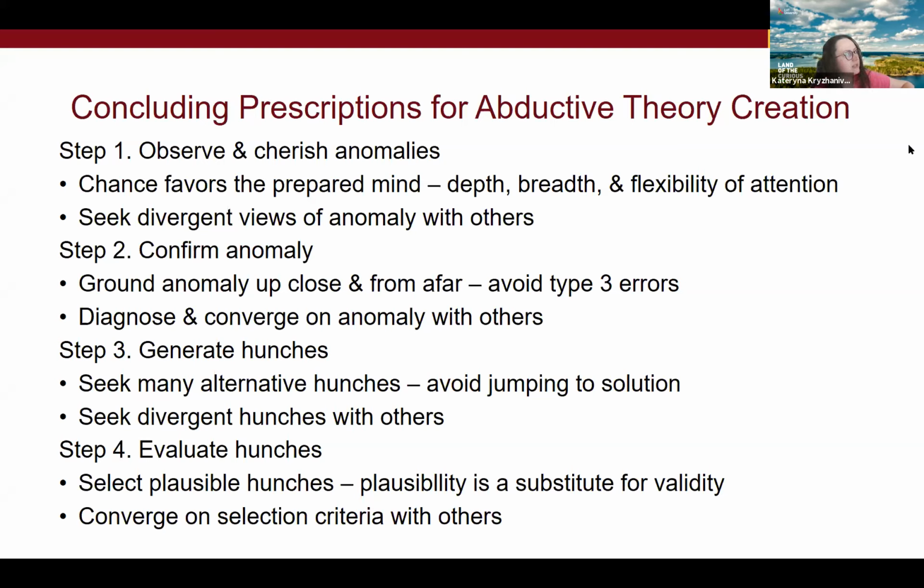And I think it's not only the first step, it's an evolving process, and you can observe and cherish these anomalies through the whole process of analyzing data. It's not just a first step when you code the data as first order code. So I think it's more of a developing process. Is that right? That is exactly correct.